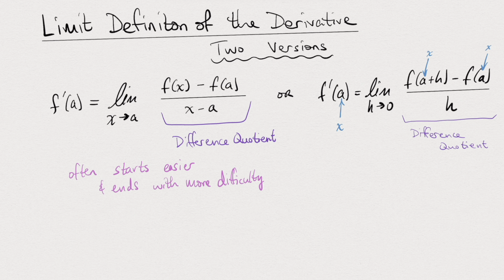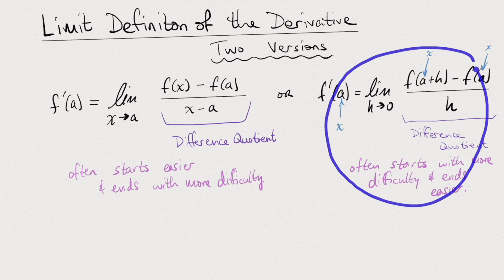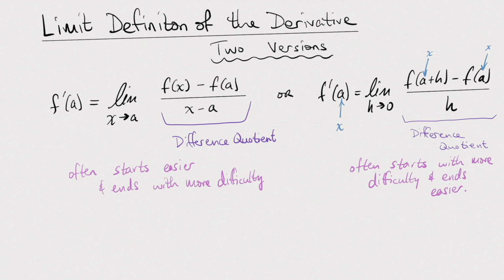And this alternative version often starts with more difficulty and ends easier. These aren't hard and fast rules, but they're sort of general. Pick your preference based on where you want the difficulty to be. Having taught thousands of students, I find that students using this one get farther in the task or tend to get more right answers.